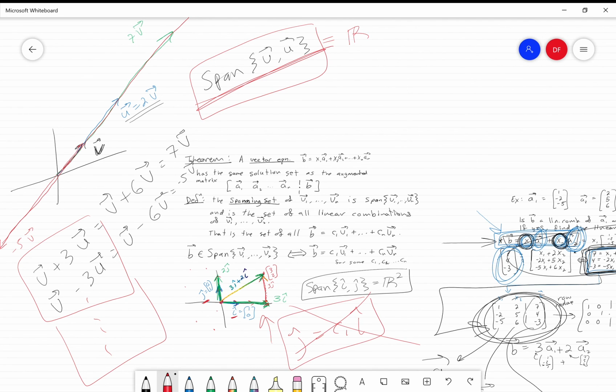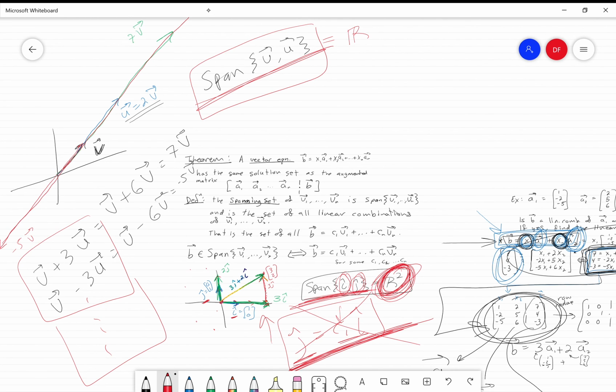So for two vectors, if they are not a multiple of each other, then the span of those two vectors is a two-dimensional space, R2, if the two vectors exist in 2 dimensions. Actually, any two vectors. If the two vectors in 3 dimensions or in 4 dimensions are not a multiple of each other, then the span of these two vectors is a plane.